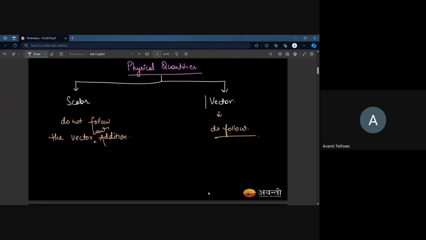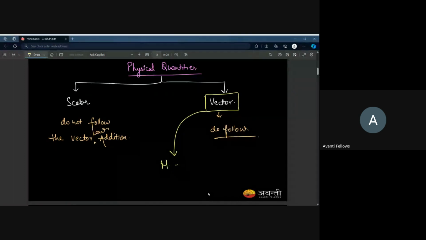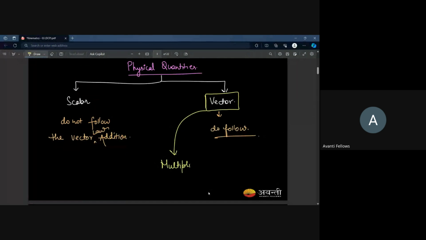And when it comes to vectors, there's one more interesting fact about them, and that is multiplication. Wait a second. Can you give me an insight about vector multiplication?